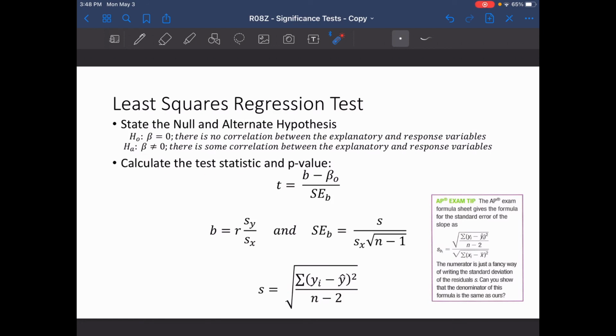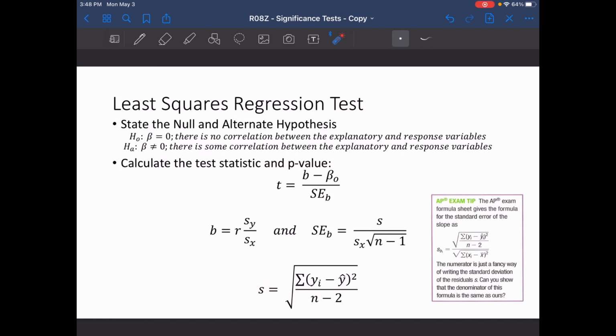And then when we're calculating the test statistic and p-value, t is equal to the slope for our sample least squares regression line minus the slope for our population least squares regression line, divided by the standard error of our sample least squares regression line. How you find b is r times the standard deviation of y divided by the standard deviation of x, and our standard error of b is going to be s divided by s of x times the square root of n minus 1.